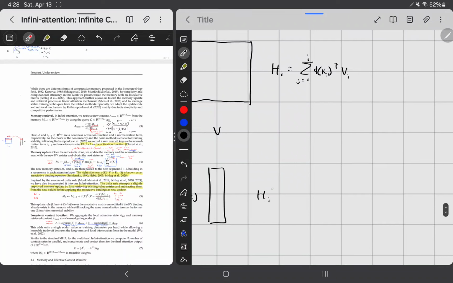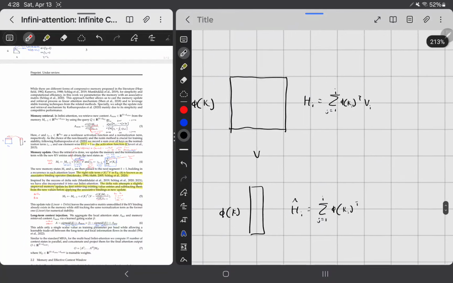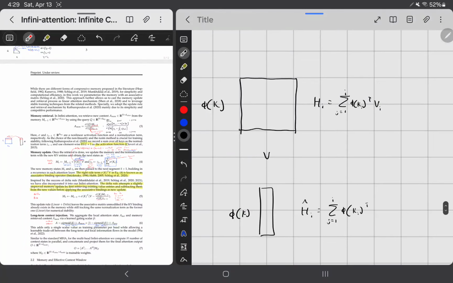And this here, maybe h hat of i, is equal to the sum, j equals 1 to i, of phi of k_j transpose. So basically you have two hidden states in your model.